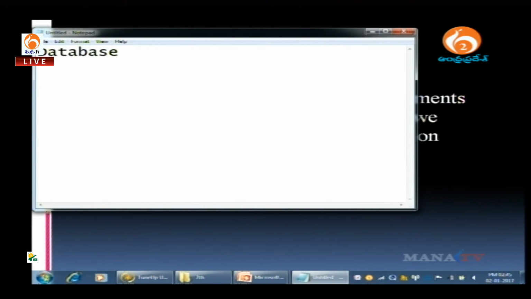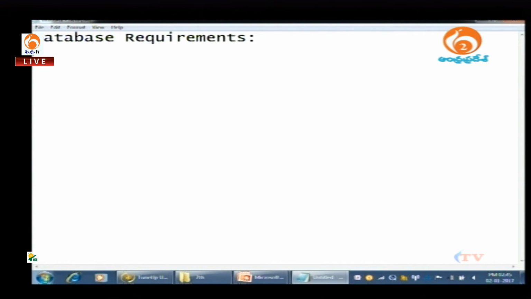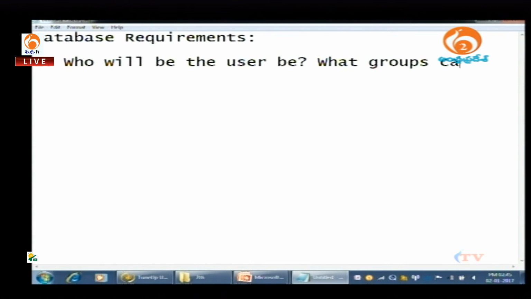Database requirements. Okay, I will make it full screen. First one is who will be the user? User B. What groups can they be divided in?